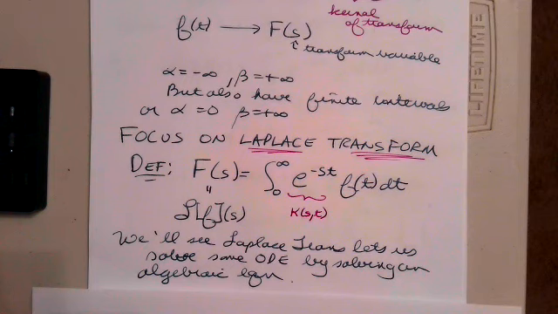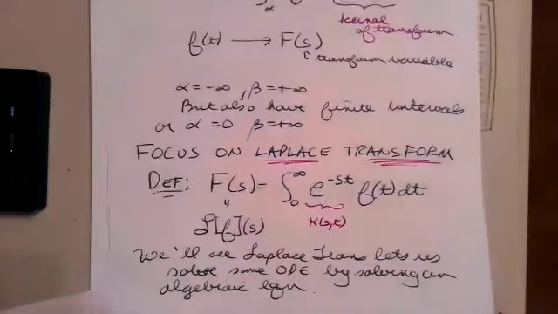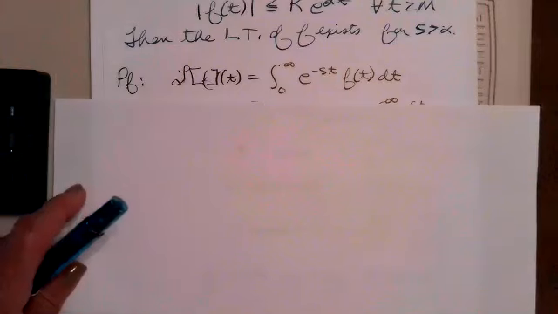So we can solve and get capital F of s just by solving an algebra equation. And then we have to figure out how to invert back to get from capital F back to our function little f, the one we were really interested in. So there'll be a several step process, but in doing so, we'll be allowed to solve differential equations with discontinuous, inhomogeneous terms, things we were never able to do before.